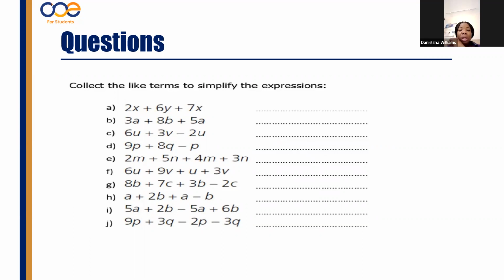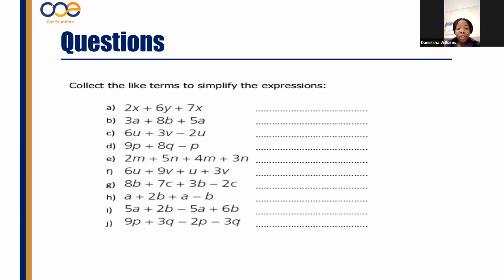In order for your terms to be alike, not only do the letters or variables have to be the same, the exponents also have to be the same.